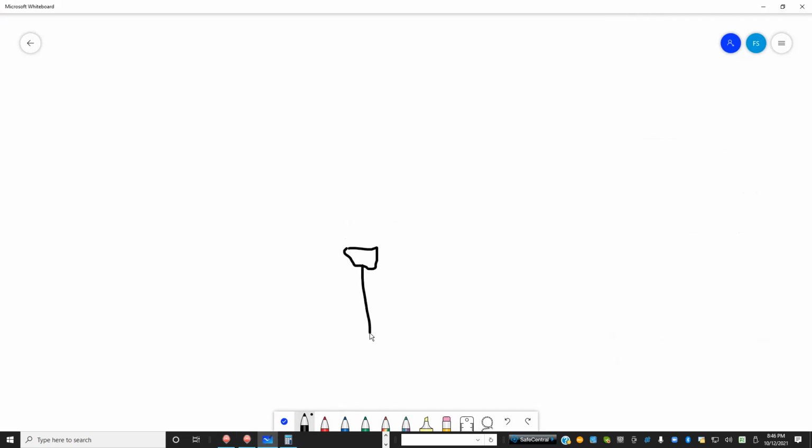This is a hangman. It's almost like here's his head and he's hanging from a rope. And this is a hammer. This is price rejection.